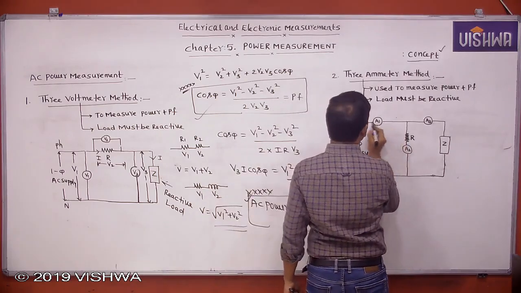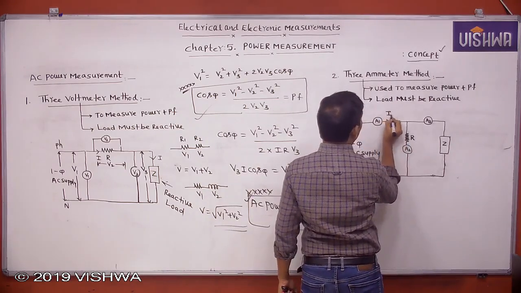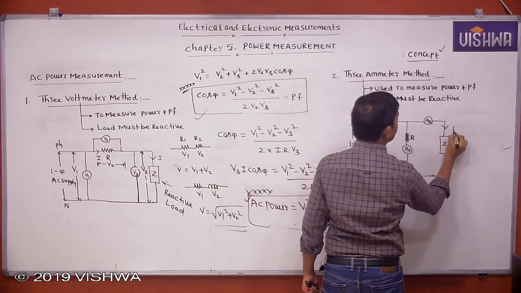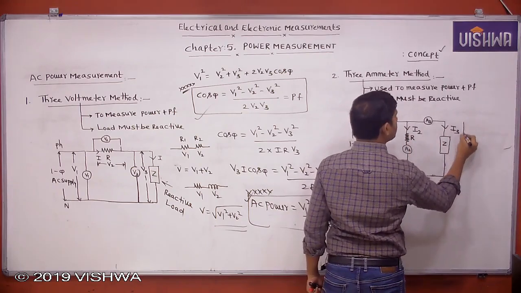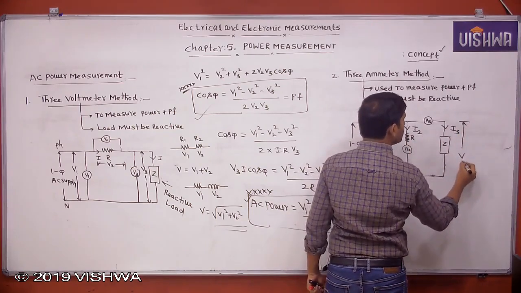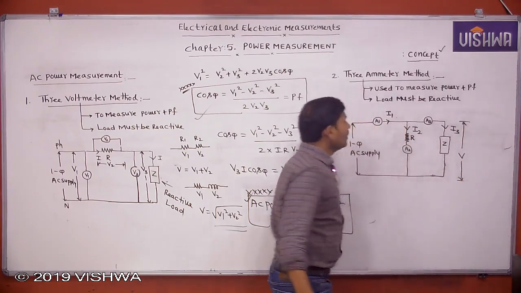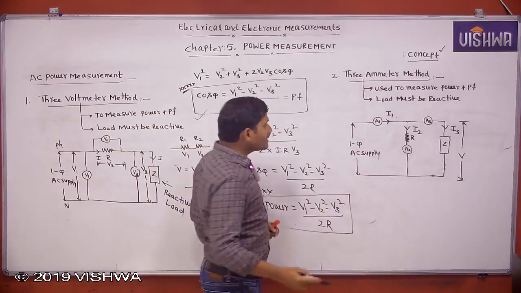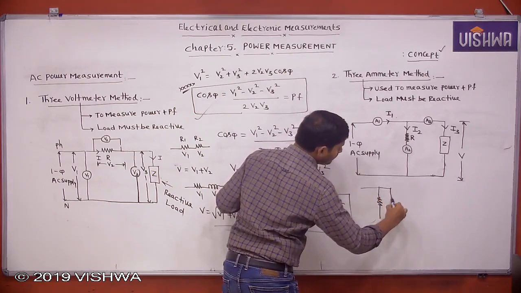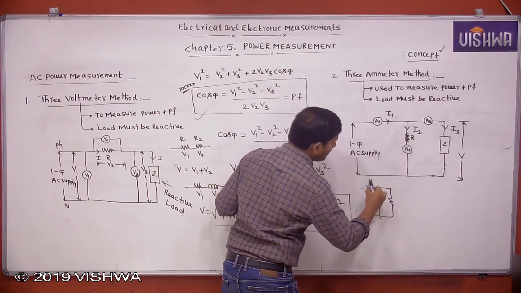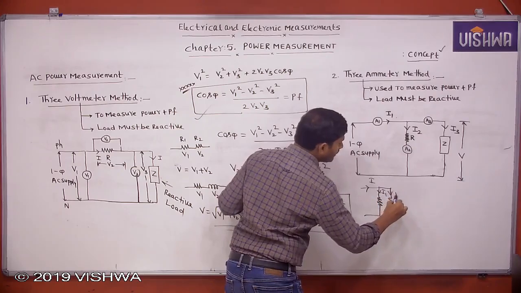Okay. Let this current be I1. This current is I3. This current is I2. This voltage is V. Same concept. For example, if there are 2 parallel resistors, this is I, this is I1, this is I2.